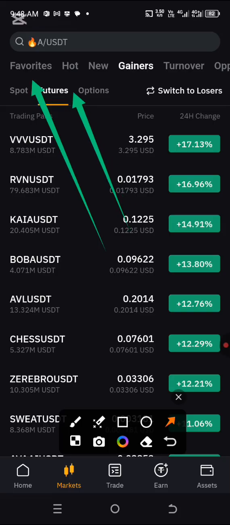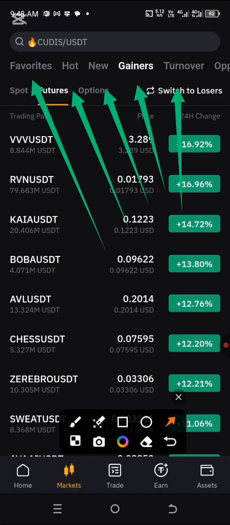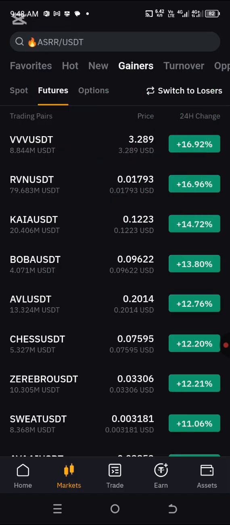All these buttons I showed you from the home button just now, all these features were there on the home button. You can see the favorite, the alt at the top, the new, gain and turnover, options, and the rest.